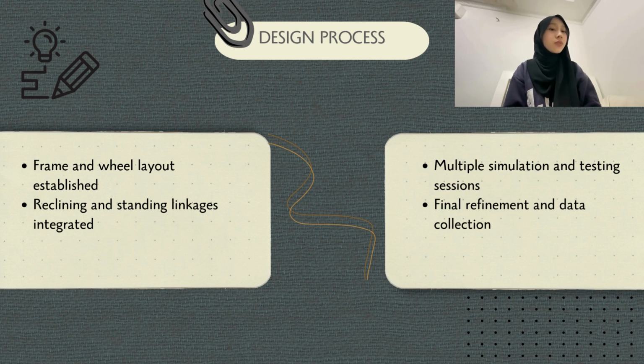The design was developed through an iterative process using simulation where adjustments were made and tested repeatedly to improve performance and stability. The final design was validated through motion simulation to ensure safe posture transition and stable operation.